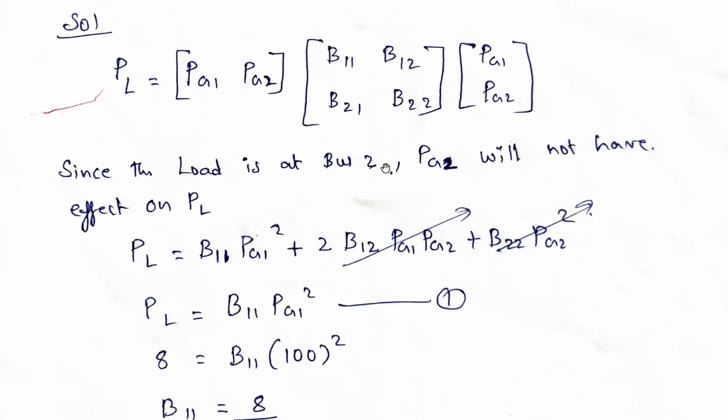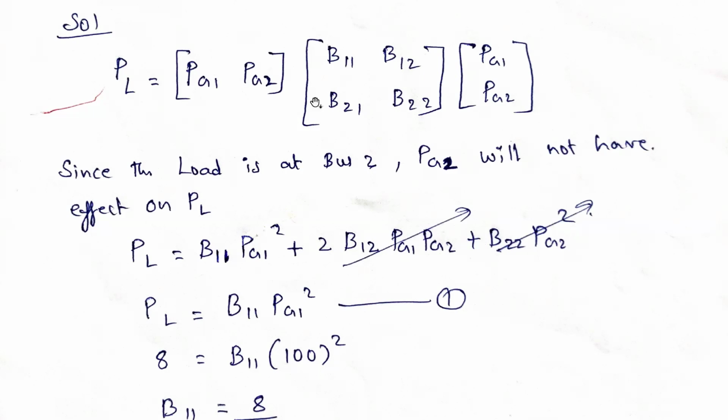Since the load is at bus 2, PG2 will not have much effect on PL. If we multiply, we get the equation B11 PG1 squared plus 2 B12 PG1 PG2 plus B22 PG2 squared.